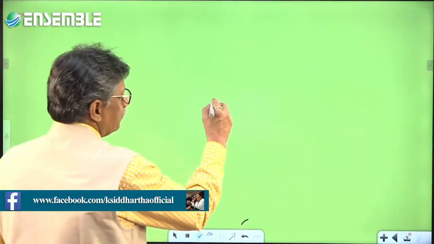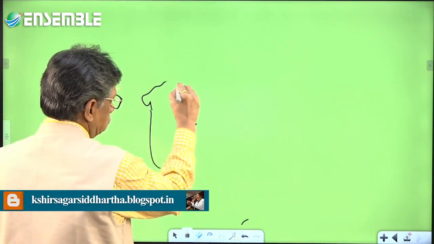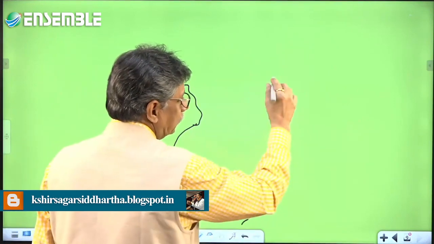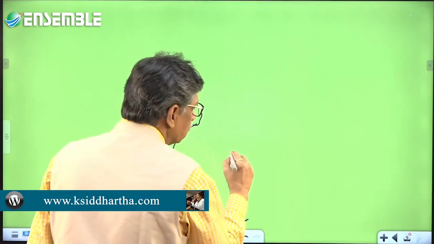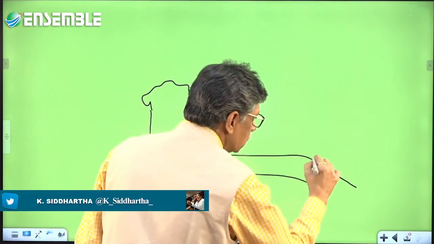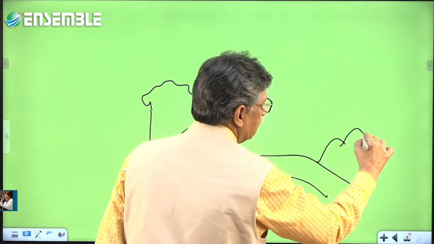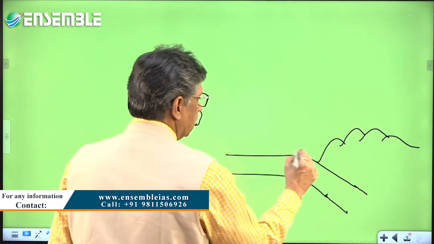As India moved northward and collided with the whole of Eurasia, this is what happened. You can see it. This was India moving northward. So it led to the formation of the Himalayan mountain ranges. That is stage number 1.